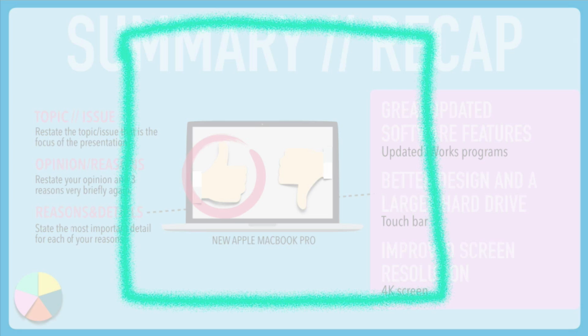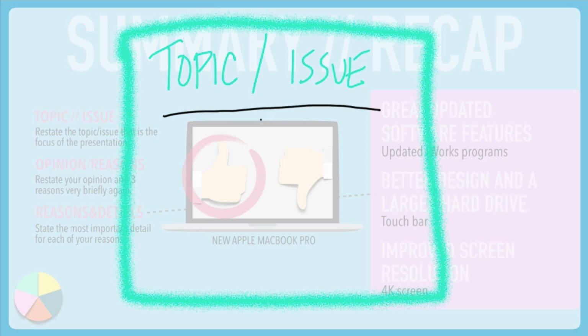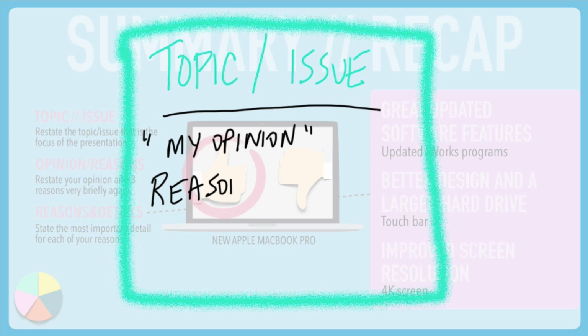So on the screen, all you need to have is the actual information. So on the top, you need to write in bold letters the topic/issue. For example, we talked about the MacBook computer. Then you need to add what your opinion was in this section. And then underneath that, you're going to write what your first reason was.